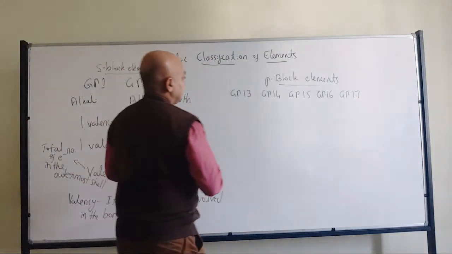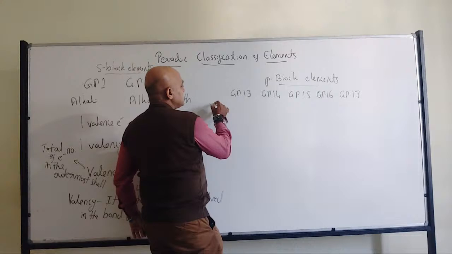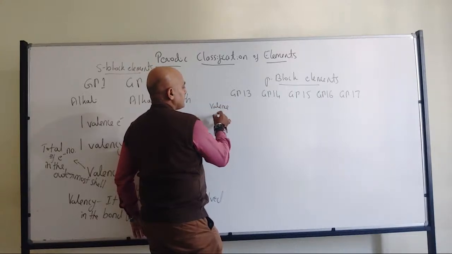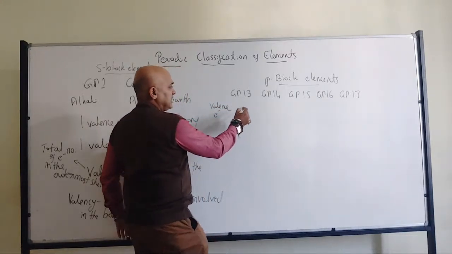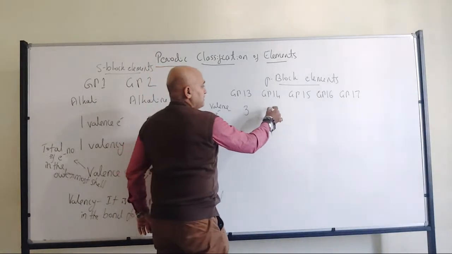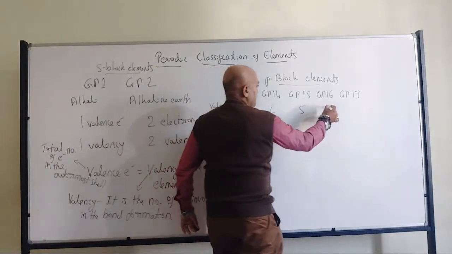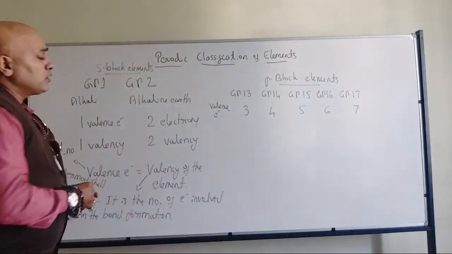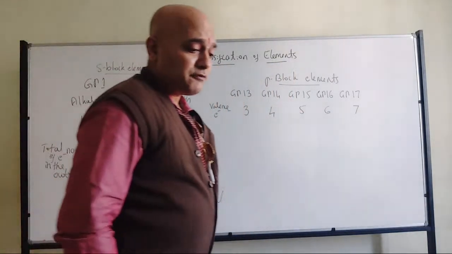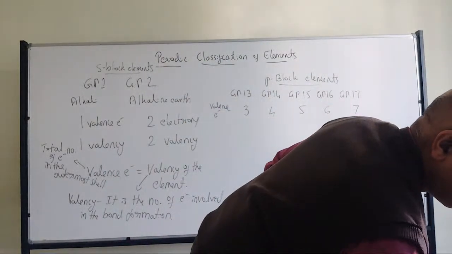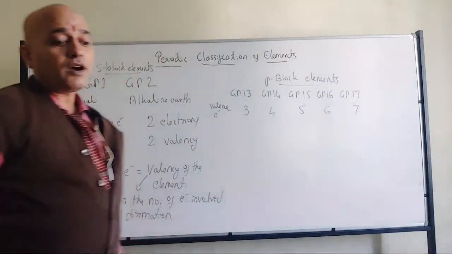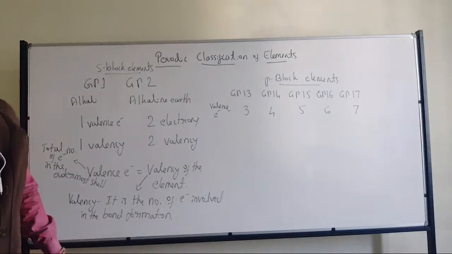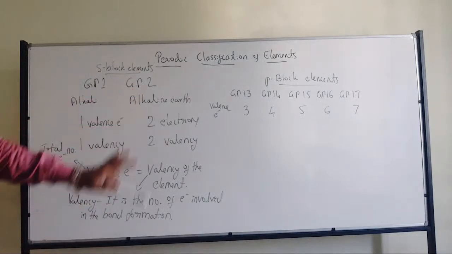So what is the valence electron count for group 13? It will be 3, then 4, 5, 6, 7. So for group 13 elements, the total number of valence electrons will be 3.